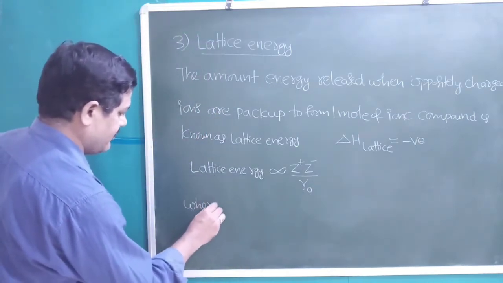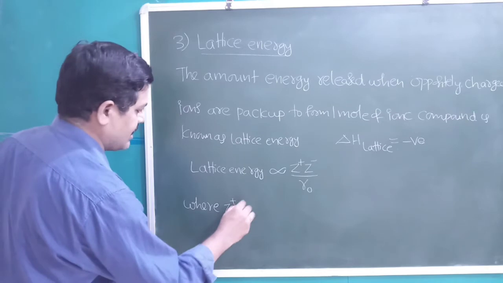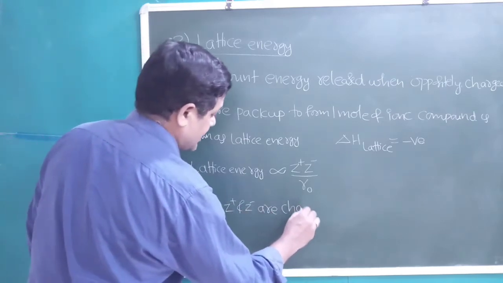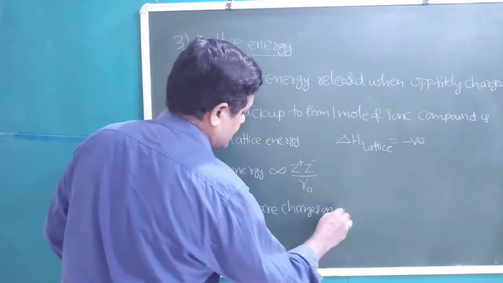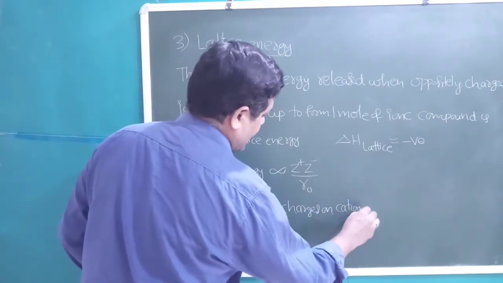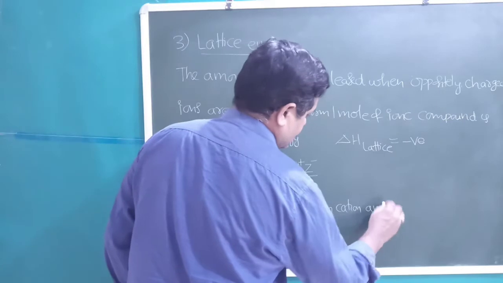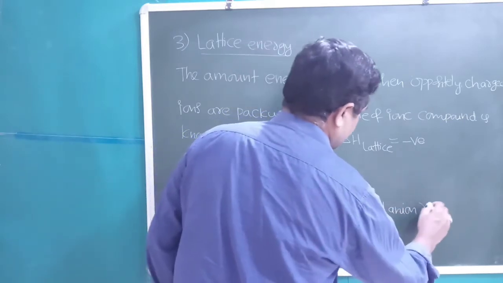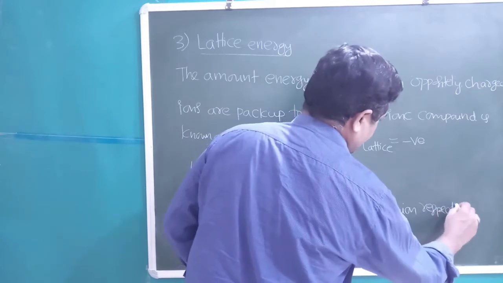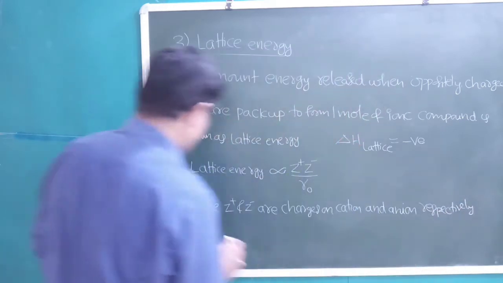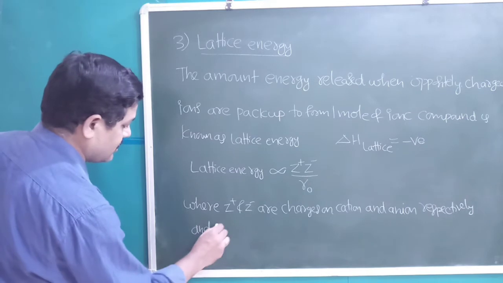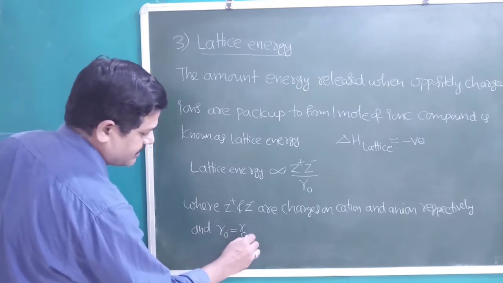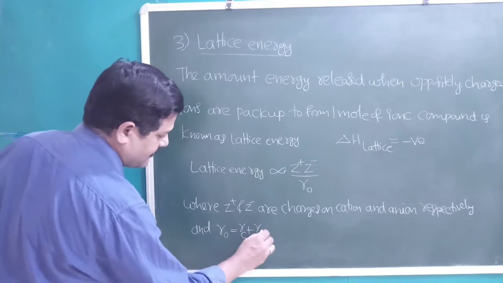Here, Z plus and Z minus are charges on the cation and anion, respectively, and R naught is the internuclear distance. R naught is equal to the radius of cation plus the radius of anion.